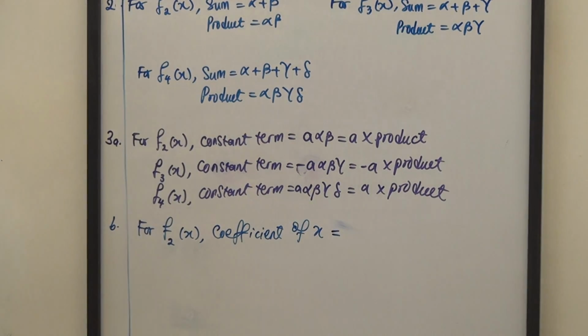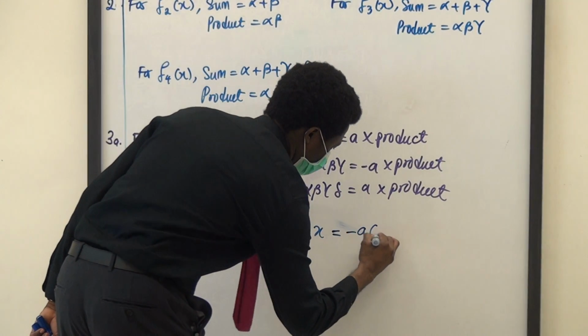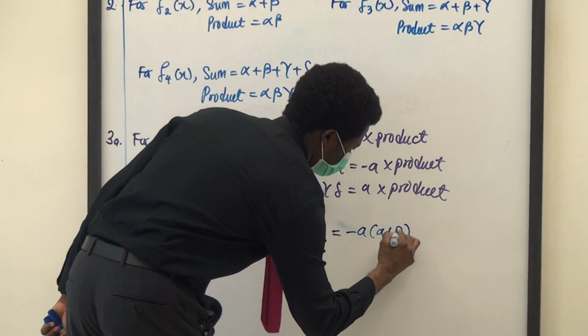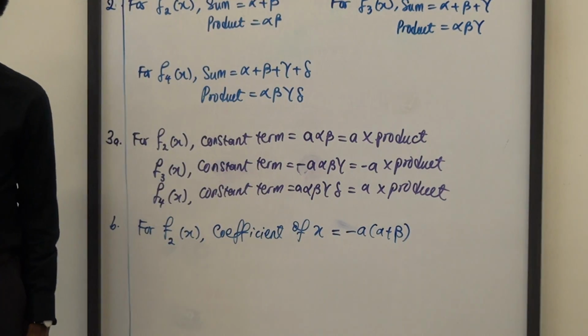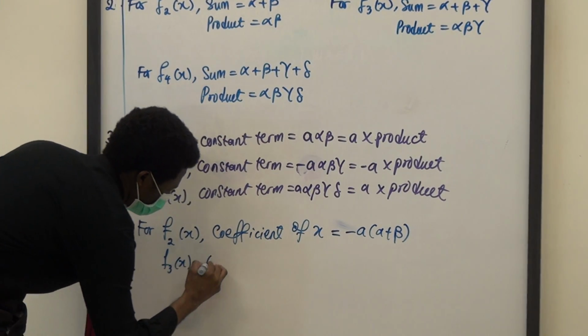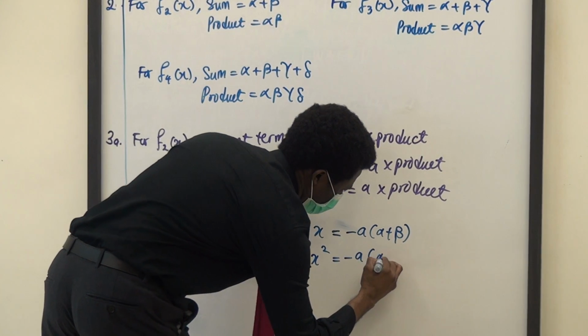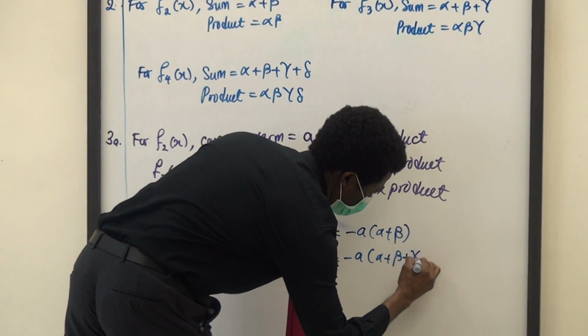Look at it. Coefficient of x is A multiplied by this. So that's negative A times alpha plus beta. Okay? And for F3, the coefficient of x squared now is negative A times alpha plus beta plus gamma.